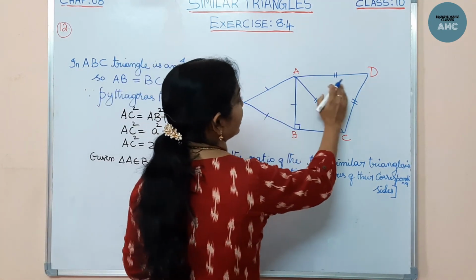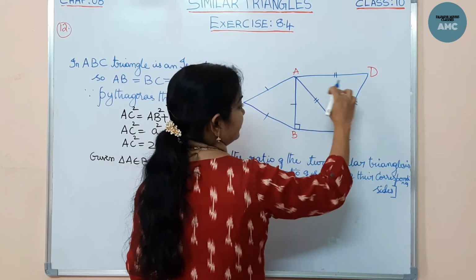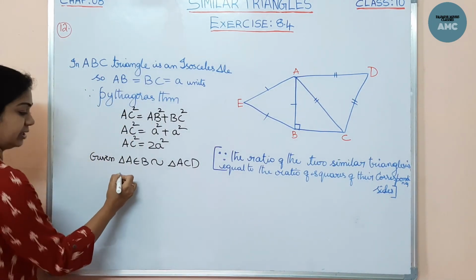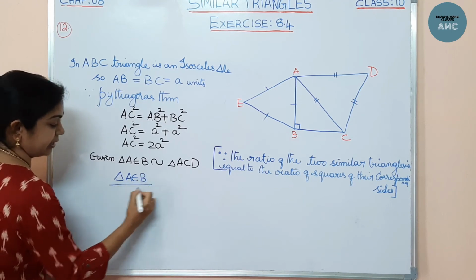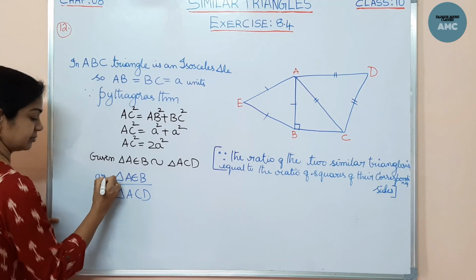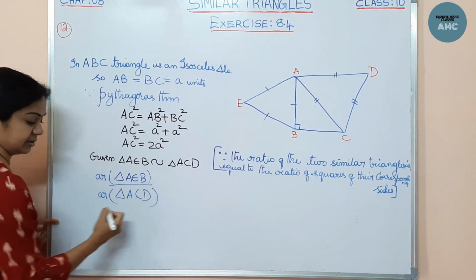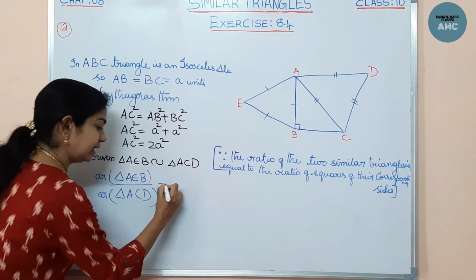Now here these two are similar. So for this is the side, for this is the side. Now triangle AEB by triangle ACD, here areas. Let me suppose the areas. This is area of triangle AEB and area of triangle ACD.